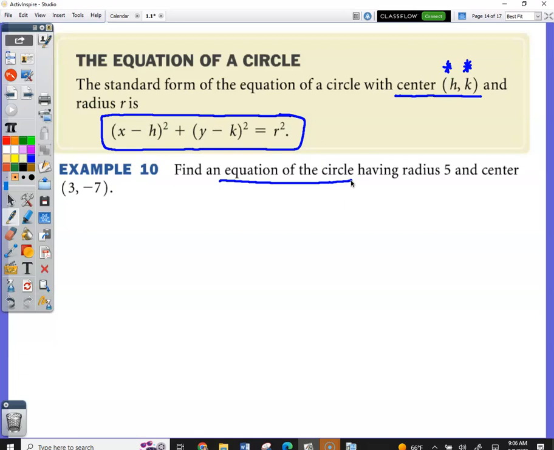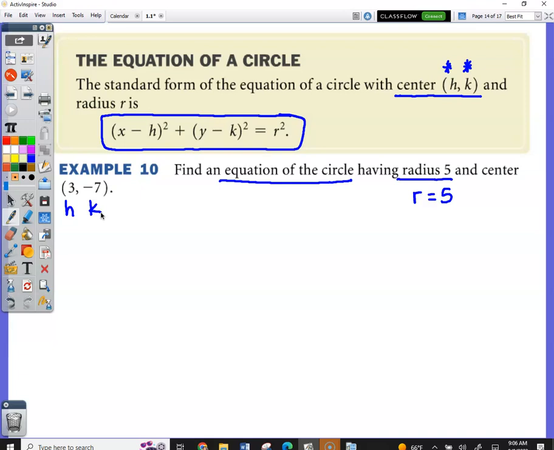Now you look at what they give you and label it. They give me that R is 5, and then they give me the center, which are what letters? They give me H and K. When I go to plug them in, there will be a sign change on both of them.